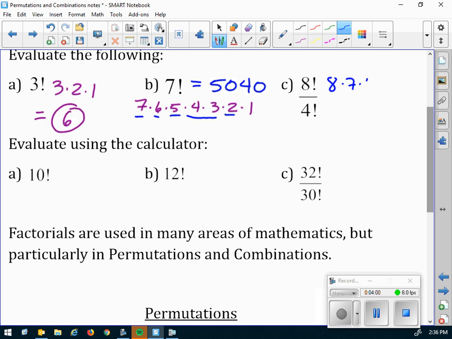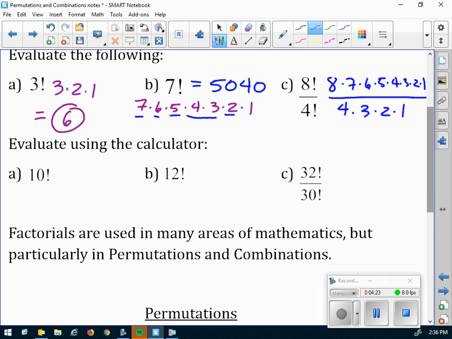8 times 7 times 6 times 5 times 4 times 3 times 2 times 1. Well, thank you, you skipped 5. That's not good. Now, 4 factorial is 4 times 3 times 2 times 1.